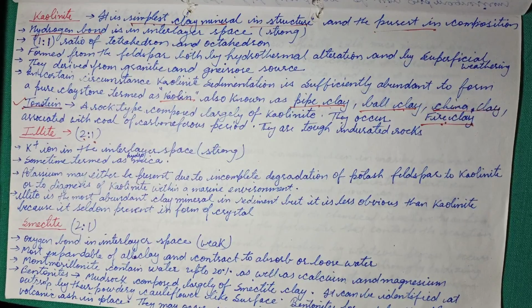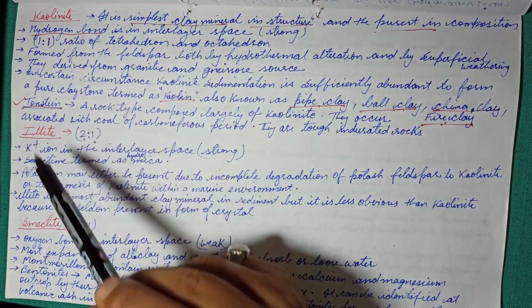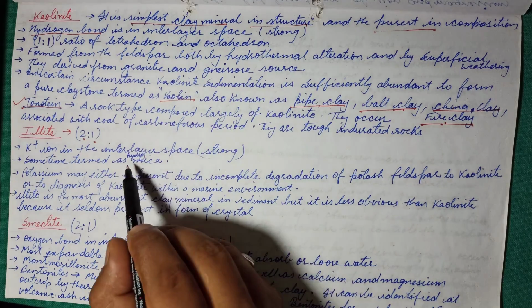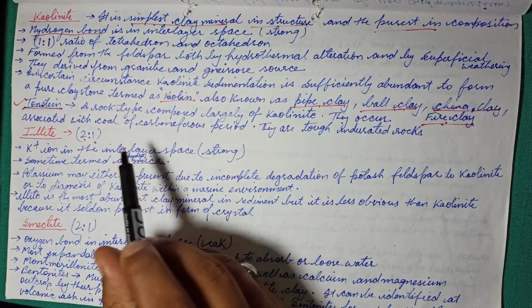K plus ion is in the interlayer spaces. Here you will find potassium ion in between the interlayer space, so this is also strong. They are sometimes also referred to as hydromica. Remember, the name is important. Remember that hydromica is illite.